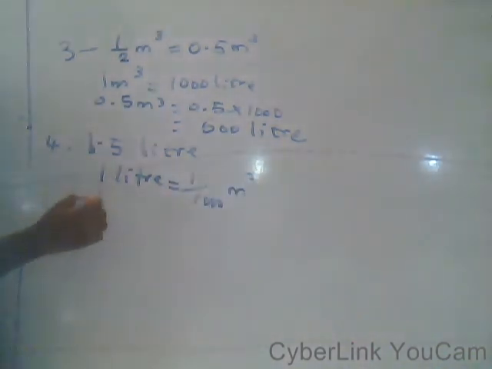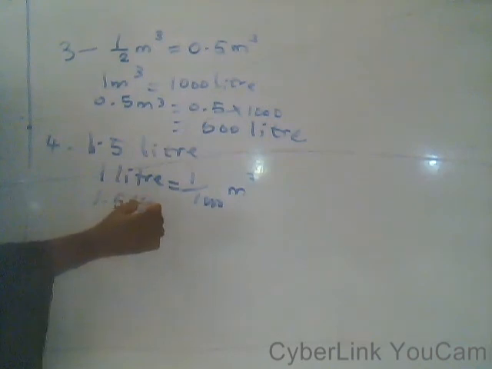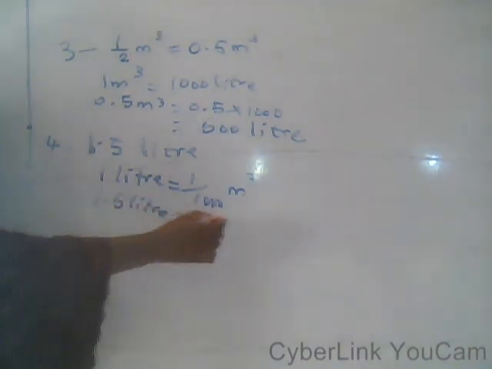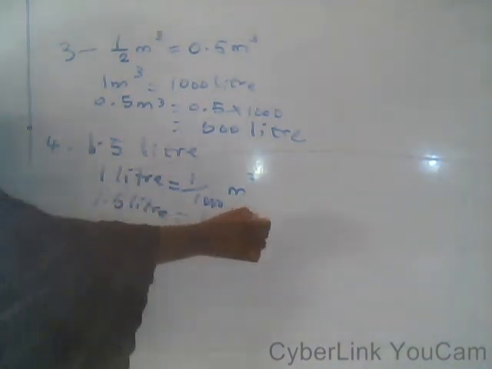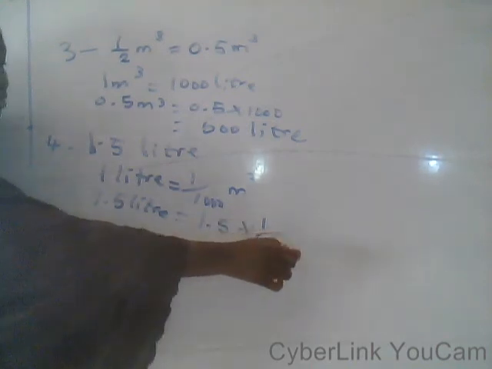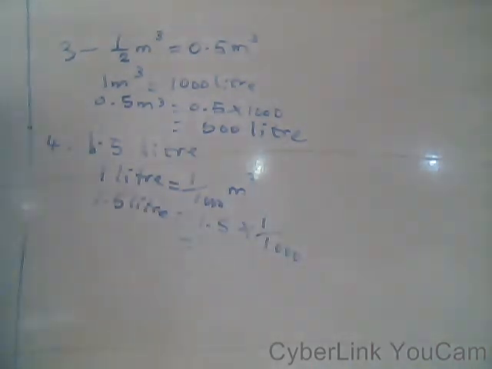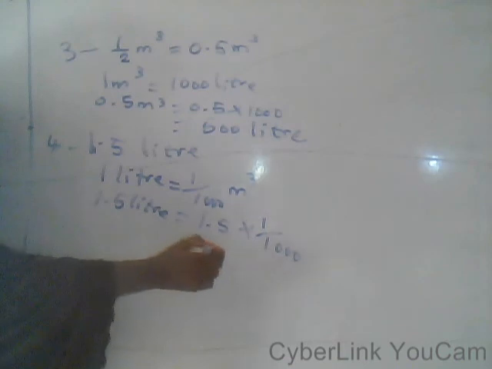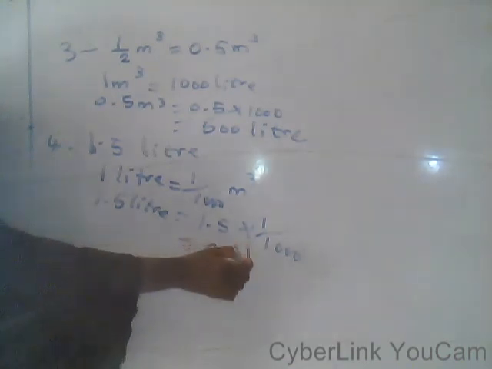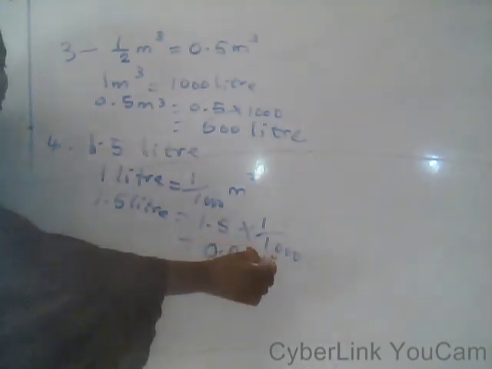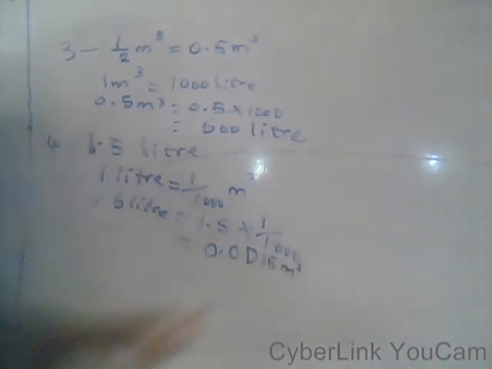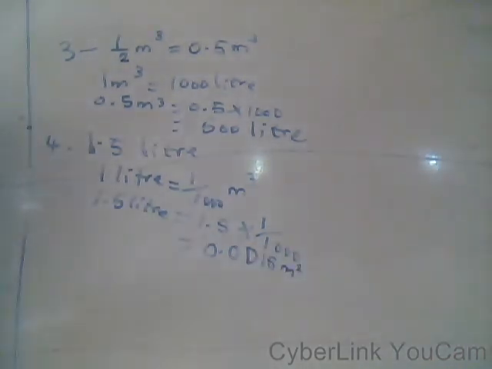Therefore, for us to get our 1.5 liter to meter cube, that will be 1.5 multiplied by 1 over 1000. And if you press that on your calculator, you get 0.0015 meter cube. I hope you are getting it.